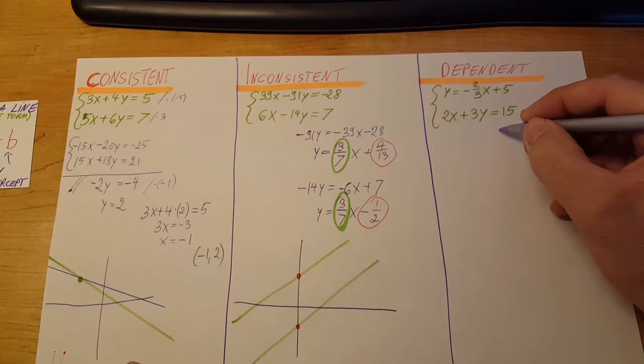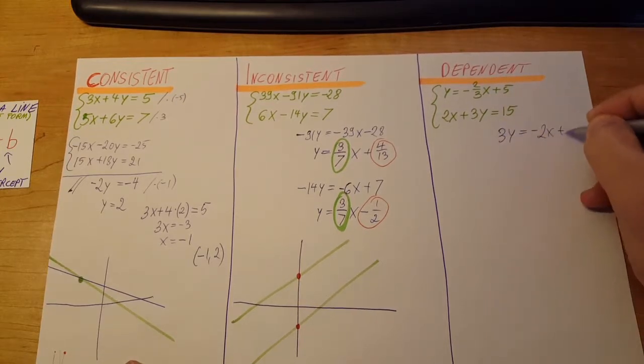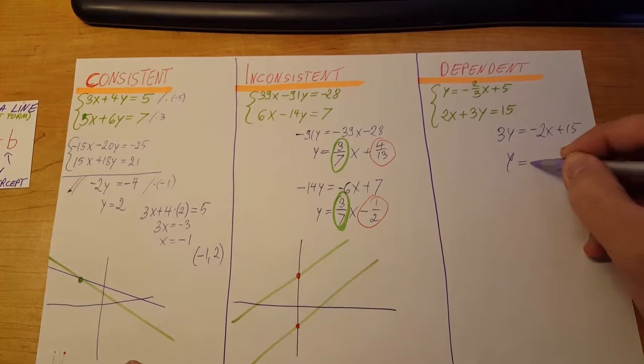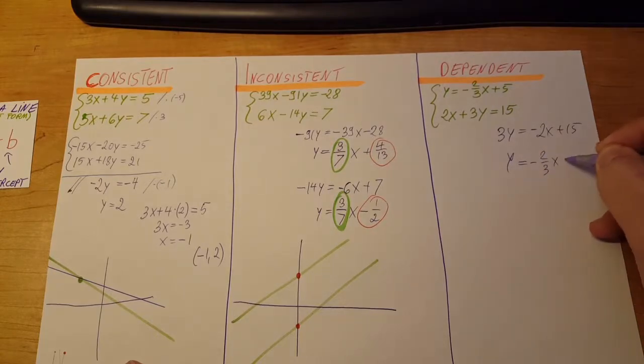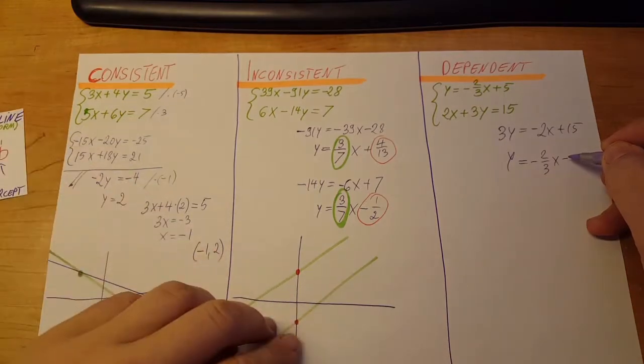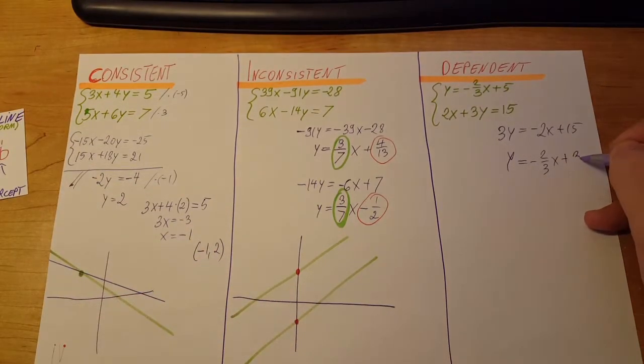I'm going to solve for y. 3y equals negative 2x plus 15. Divide everything by the 3. y equals negative 2/3 x plus 5.